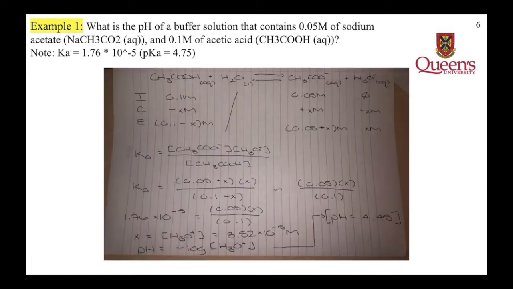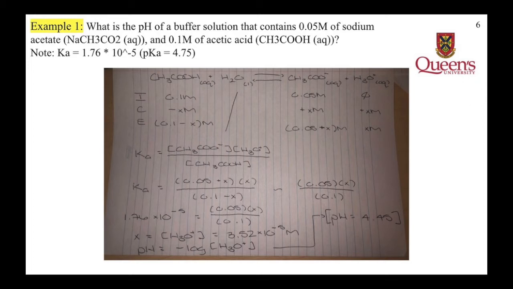I hope everyone paused the video to give this question a try, as this will be on your tutorial assignment. But now I will explain how I got my answer of a pH of 4.45. So the first thing you want to do is write your equation and then fill in your ICE table. After your ICE table, you want to create a Ka expression with products as the numerator and reactants as the denominator.